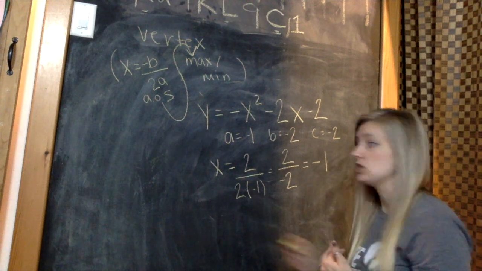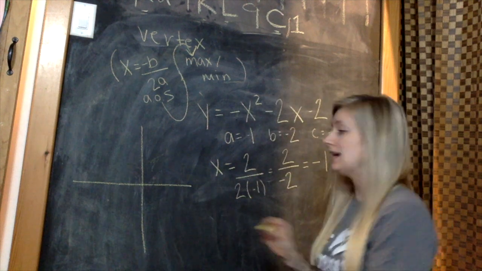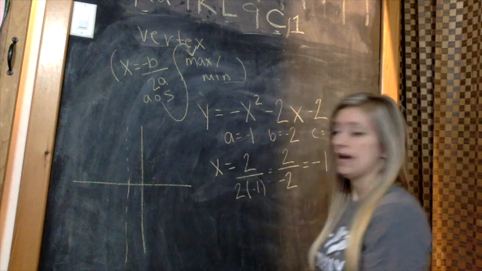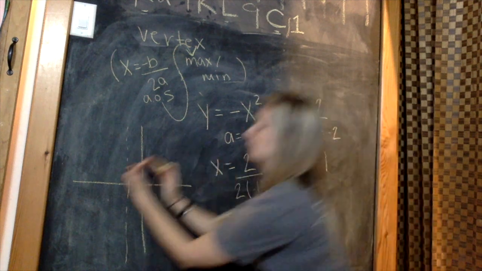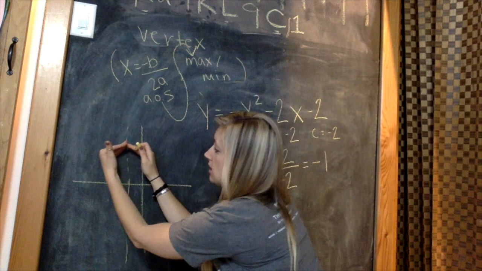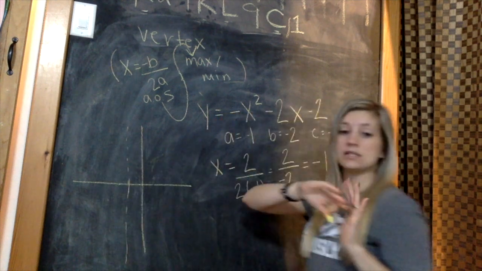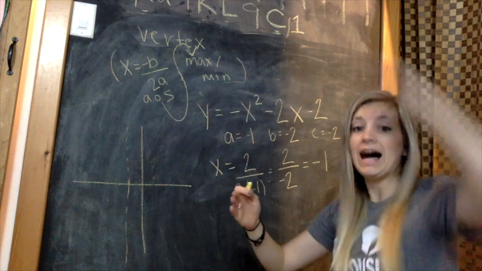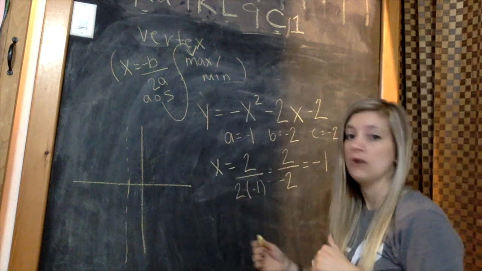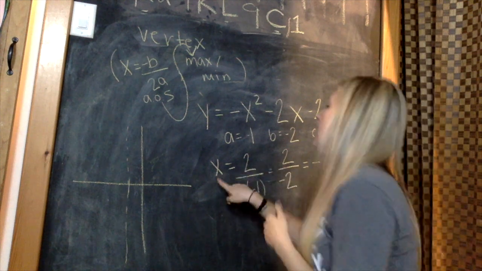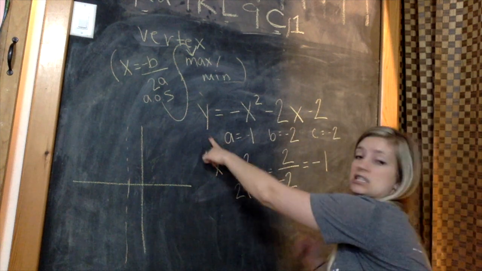So again, we just found out our axis of symmetry, so our parabola is being cut in half on this line right here. Okay, so the question is, where is our parabola going to top out? Okay, where is it going to be the max, as high as it can possibly go? Okay, so let's take our x that we just found to spit out our y.